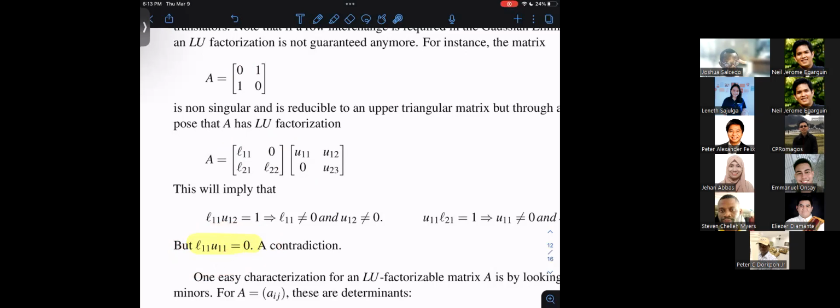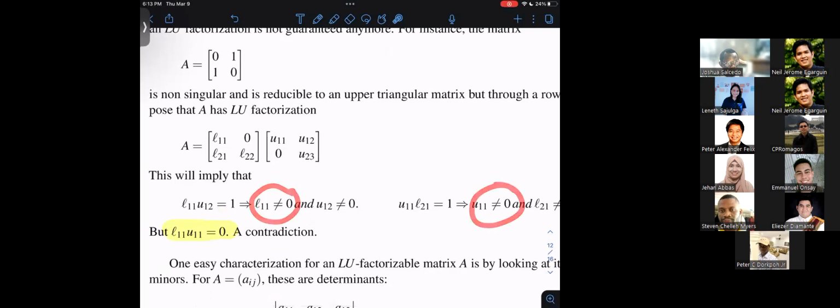But we already concluded before that L11 is not 0 and U11 is not 0. Hence, we get a contradiction, right? So that means this factorization cannot happen, and the matrix 0, 1, 1, 0 doesn't admit an LU factorization.